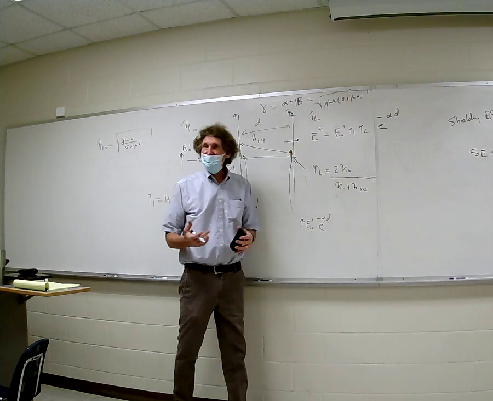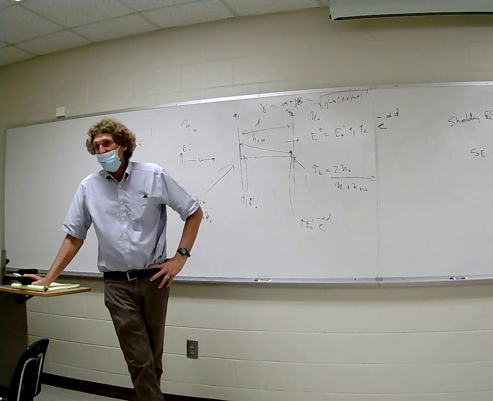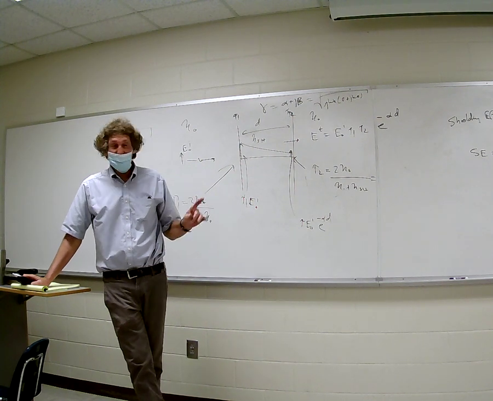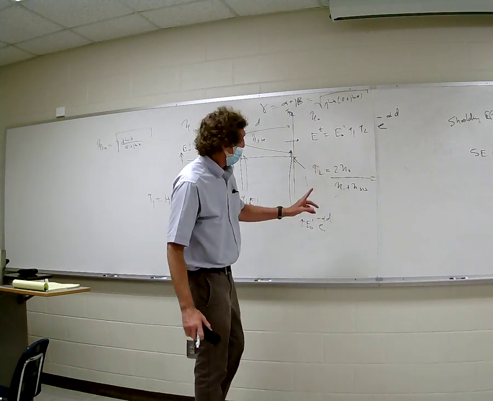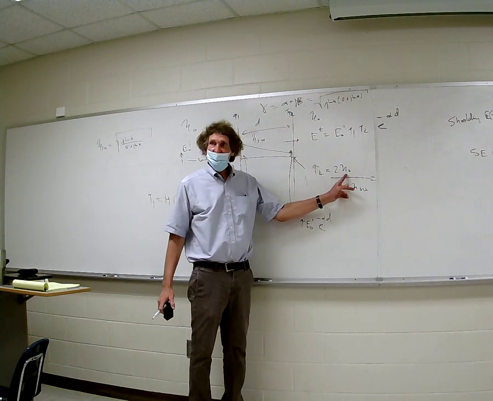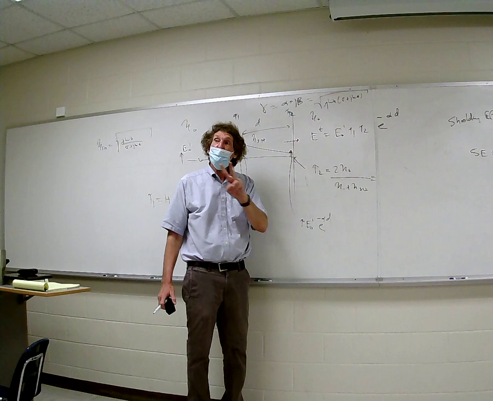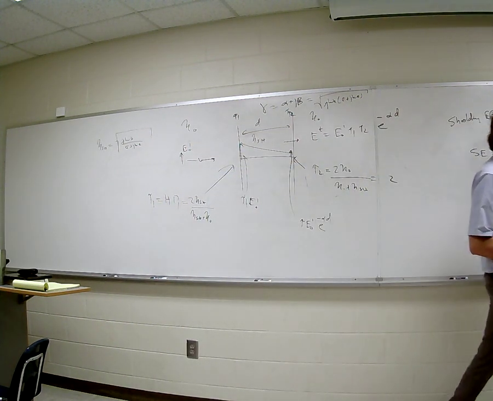What do you know about eta shield in general, magnitude-wise? Usually orders of magnitude less than eta naught, right? So what does that make that value, tau 2? Remember? Look, I got eta naught here, eta naught here, eta naught plus something small, right? You get 2. That's my point. So this value right here is not much.